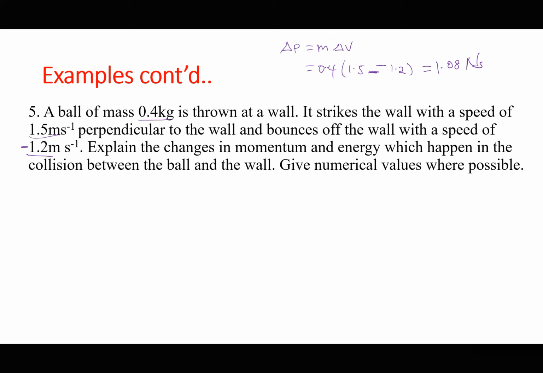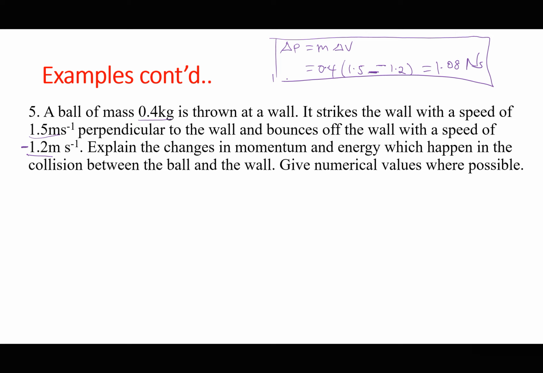So when two or more bodies collide, their total momentum must be conserved unless there is a net resultant force acting on them. So that means the change in momentum for the ball is 1.08 Newton seconds, if I consider the ball alone.